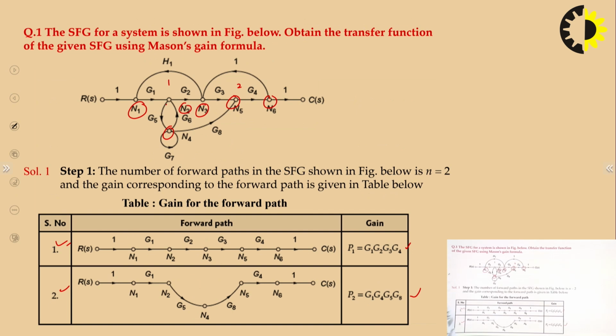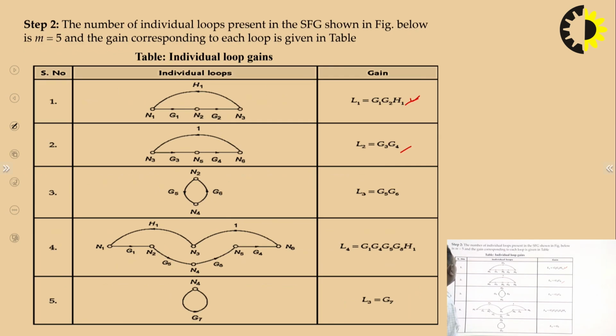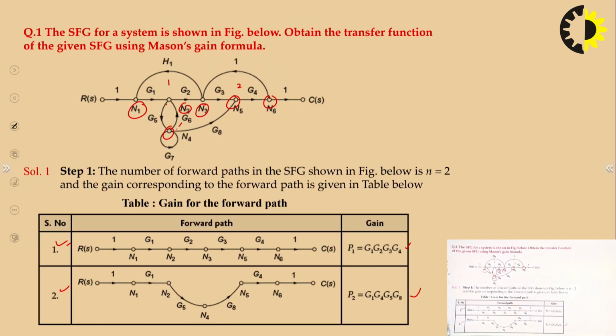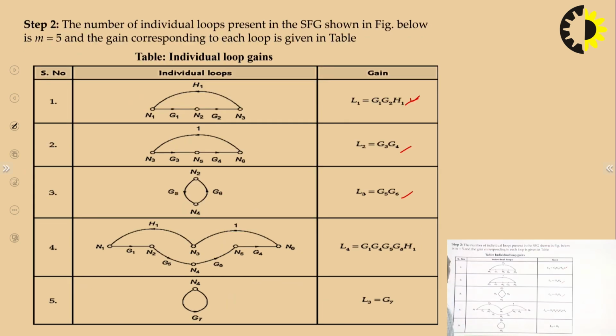Then another loop is G5, G6. This is also an individual loop. Another one is a self loop, so we will consider it also.